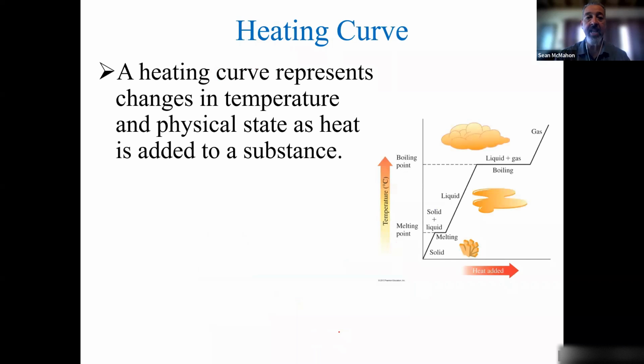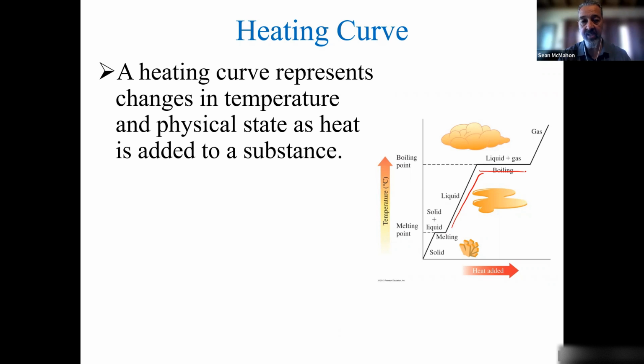So to help understand that, we use what are called heating curves, and the curves help us understand it a little bit better. The changes in temperature are typically positive slopes when we heat things. And then when the physical state changes, so I don't have a change in temperature, I just go from, let's say, solid to liquid or liquid to gas, I have what's called a flat curve because there's no change in temperature.